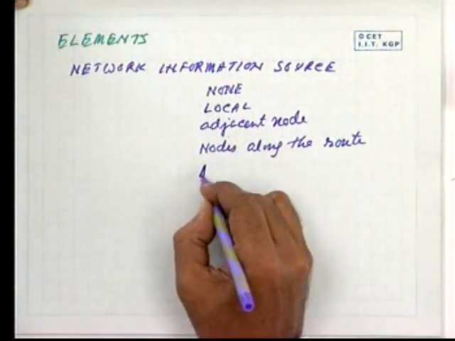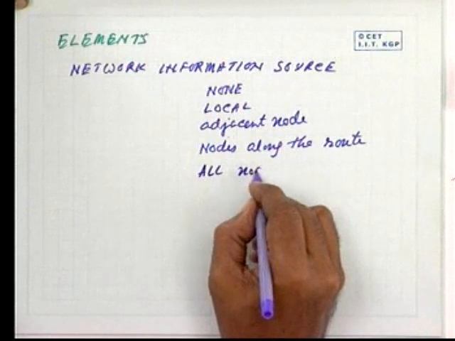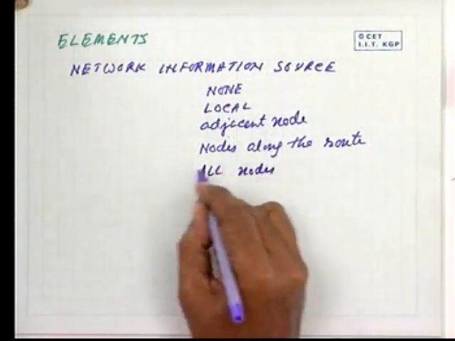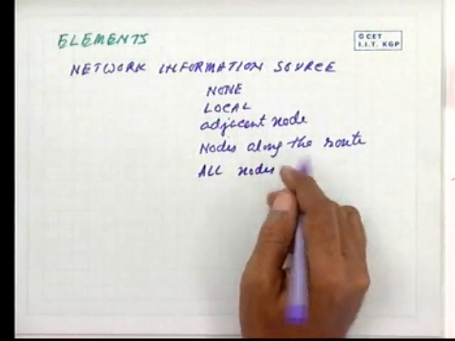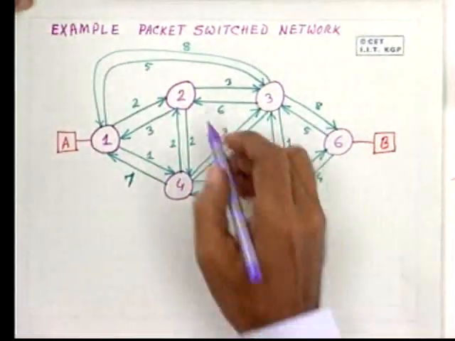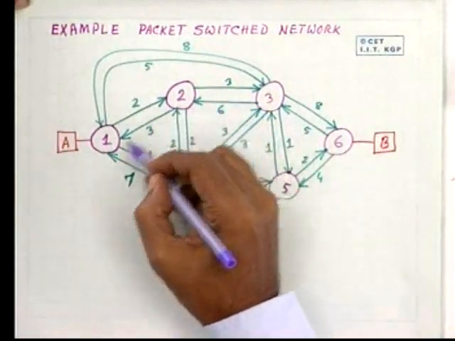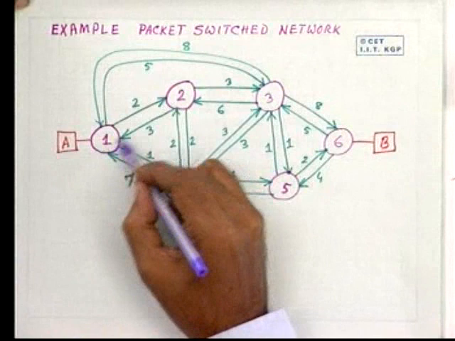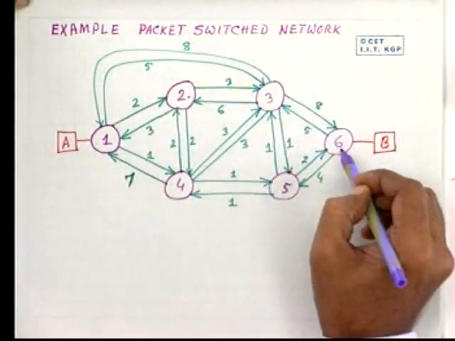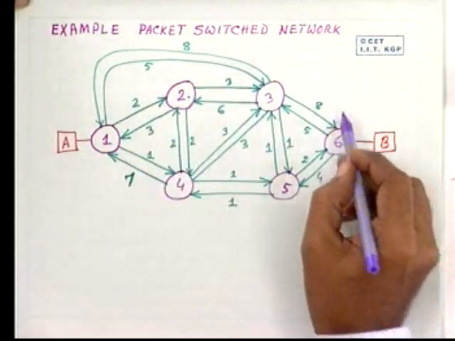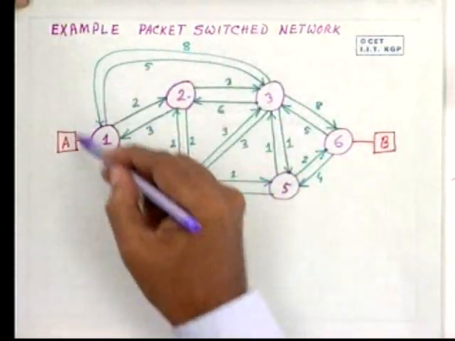Or it can be based on all nodes, which is a global algorithm, in the sense that instead of considering the adjacent links, adjacent nodes, or each of these nodes as it passes on, it can be based on the complete information.